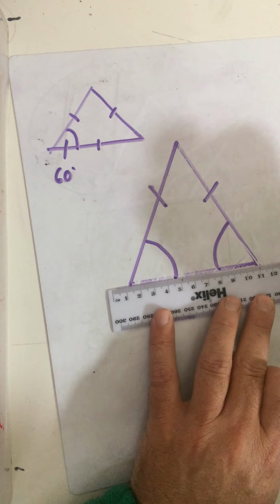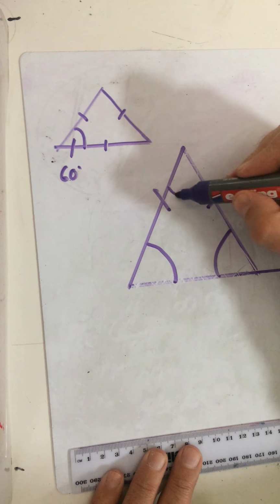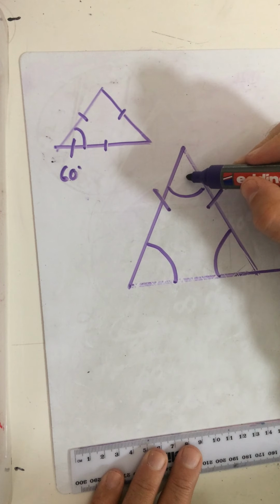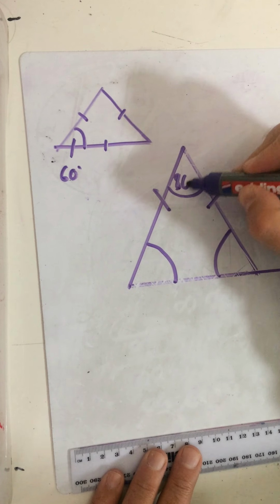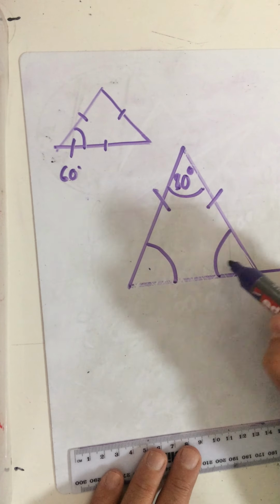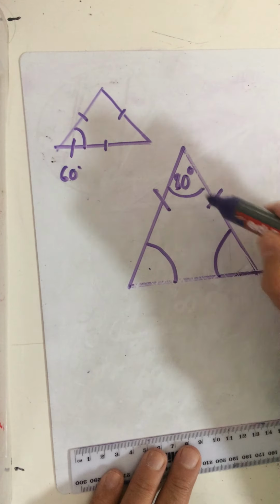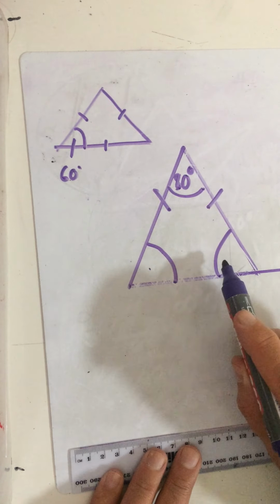I'll just extend that out there as well. Now, if this angle here is 80 degrees, I can now work out what each of these angles are, because I know that when I add them it becomes 180, and these two angles are the same.